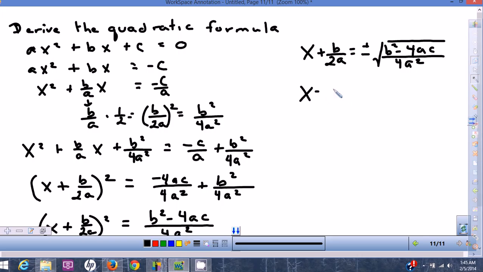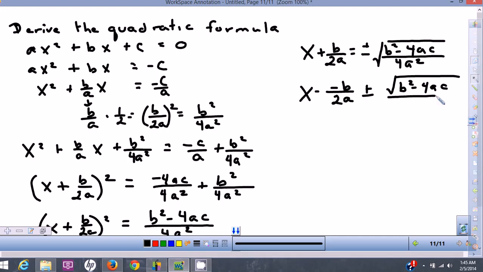X equals negative b over 2a plus or minus the square root of b squared minus 4ac. Now, I'm separating this fraction. I can't take the square root of b squared minus 4ac, but I can sure take the square root of 4a squared, because the square root of 4 is 2, and the square root of a squared is a. So now I have this over 2a. Well, look what happened here.